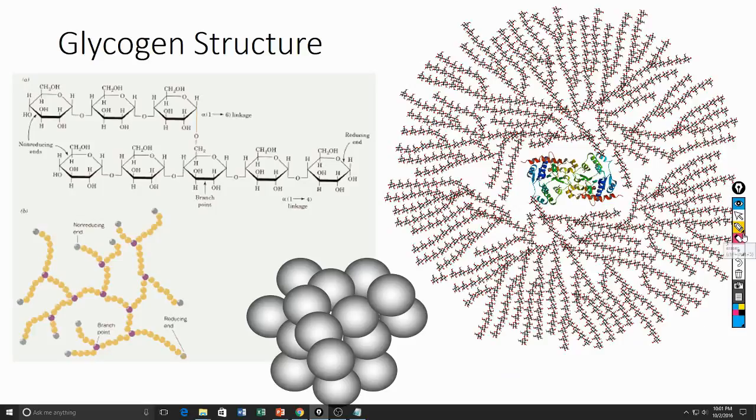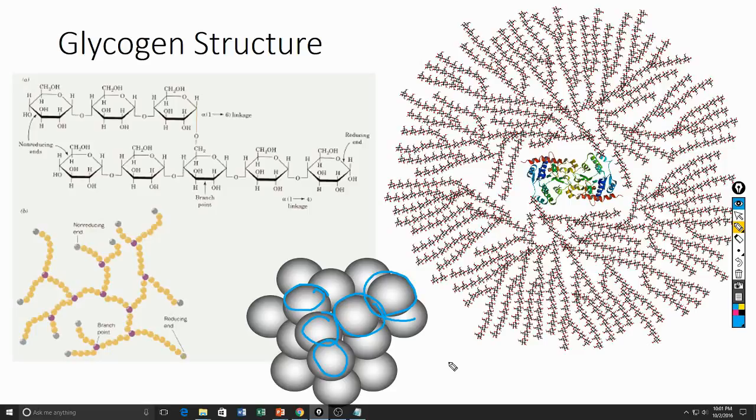Now, one of the problems with storing glycogen is, one, it requires water, and two, its spherical shape doesn't really make it conducive to being tightly packed. If you look at it, it's kind of like a bunch of popcorn in a bucket, right? You can jam it into a bucket, but you're not getting it tightly packed.